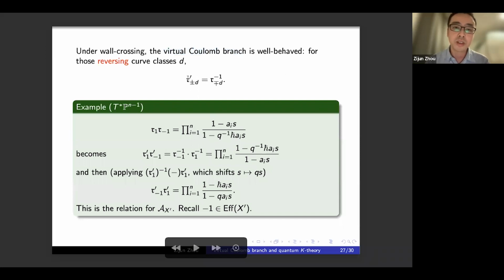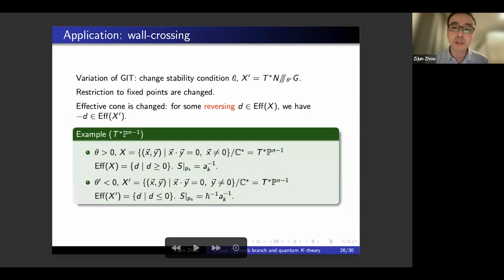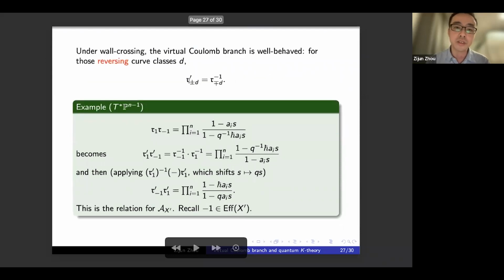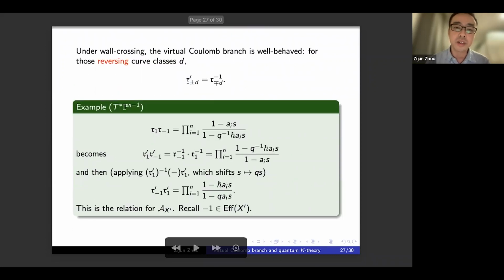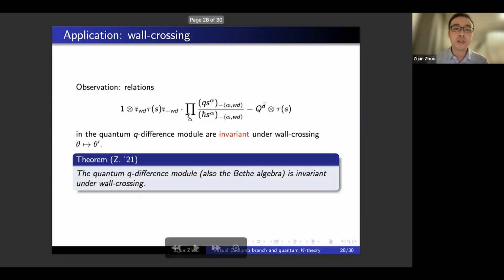If you vary theta, then these generators for another choice of theta are somehow just some kind of inverse of the original generators. Then you play with these relations in the quantum q-difference module, and one can prove that the quantum q-difference module is invariant under this variation of GIT.